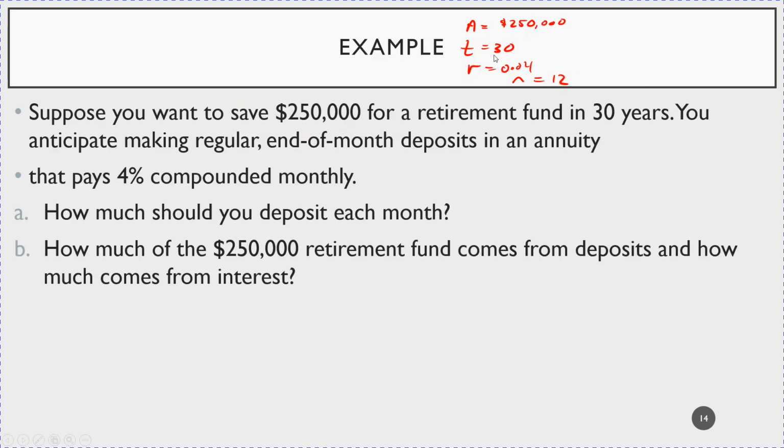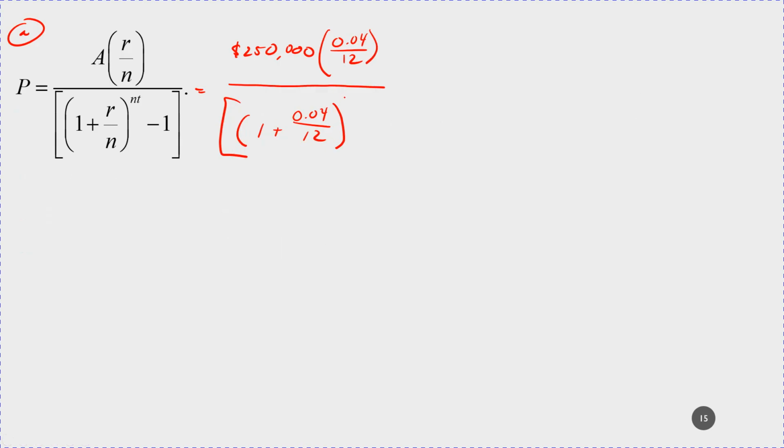I'm saving for 30 years, so it's 12 times 30, raised to the 12 times 30 power, minus 1.